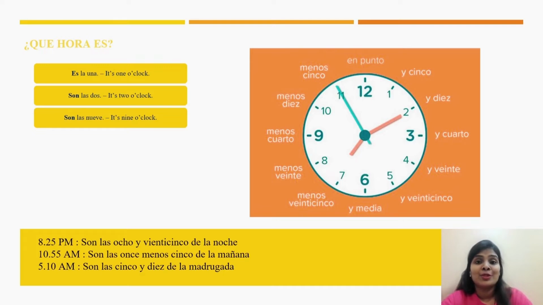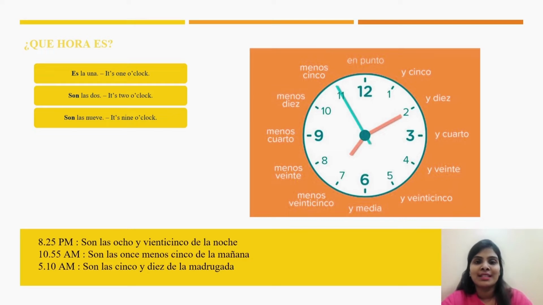Next, if we have to say that we are starting from the number 31 to 59, the concept will be a little different, as we will always say less. That means menos in Spanish.